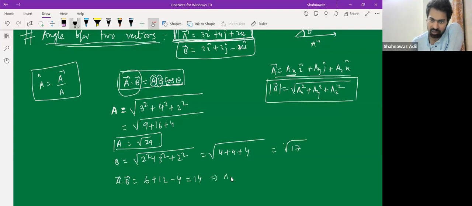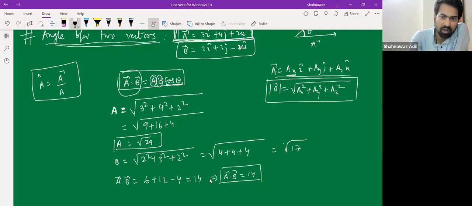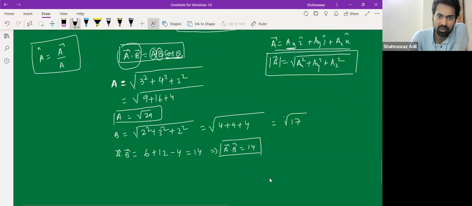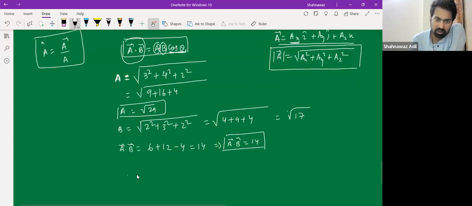We have calculated this, it is 14, right, guys? Yes, sir. So now we can put all these values in here. A dot B is AB cos theta, and A dot B is 14. This is root of 29, this is root of 17, cos theta.